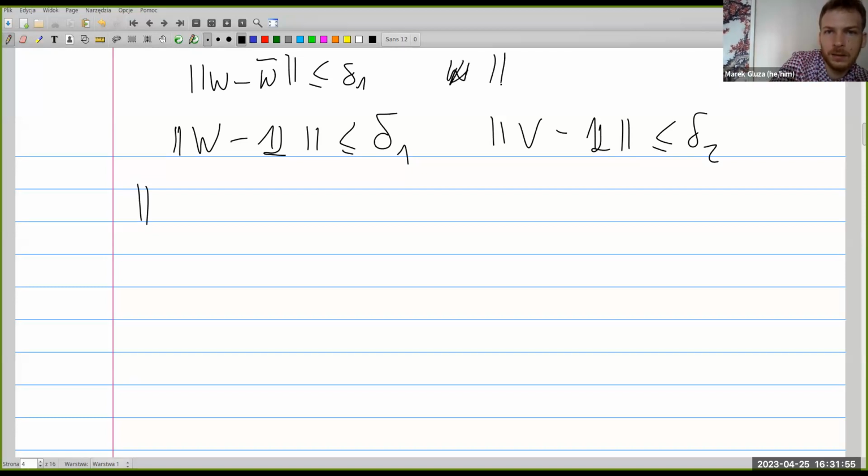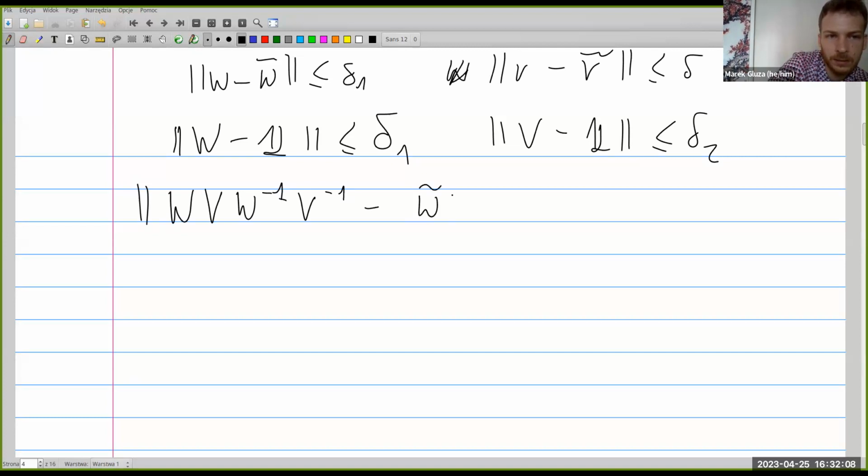And V minus some approximation to V is also delta. And now let's look at the group commutator of V and W minus the group commutator of V tilde and W tilde, and this is smaller than O of delta 1 delta 2.